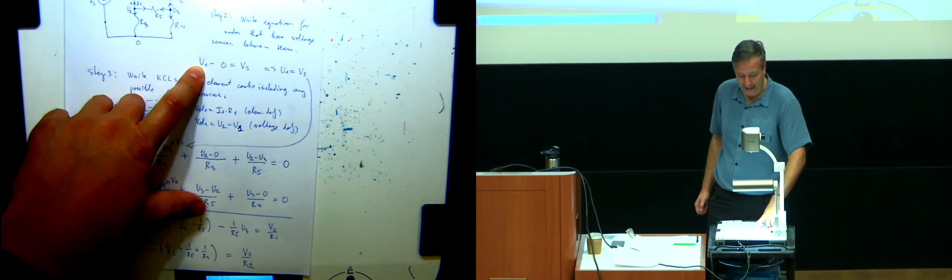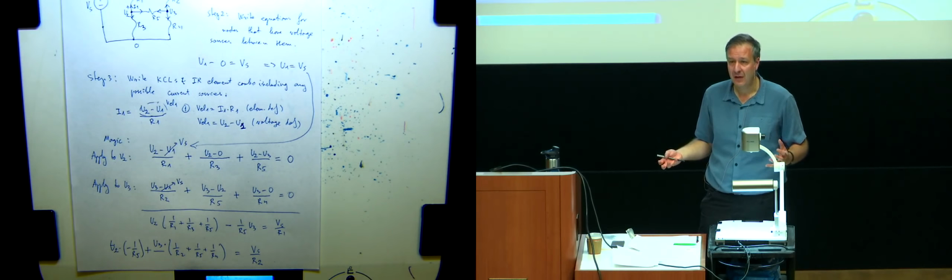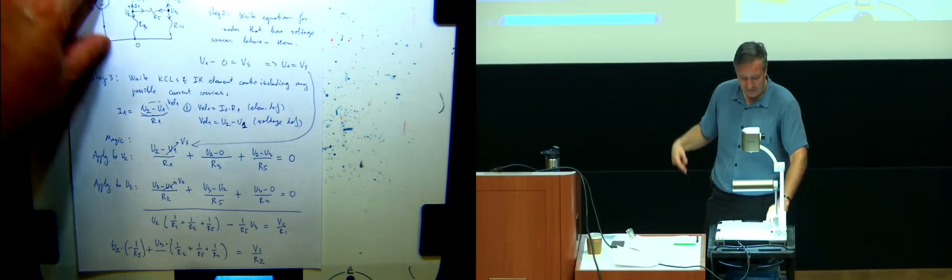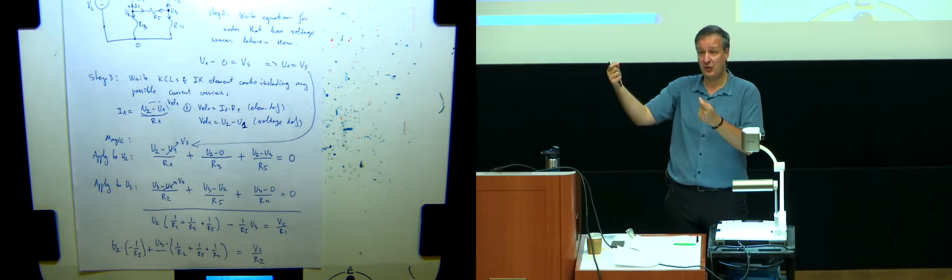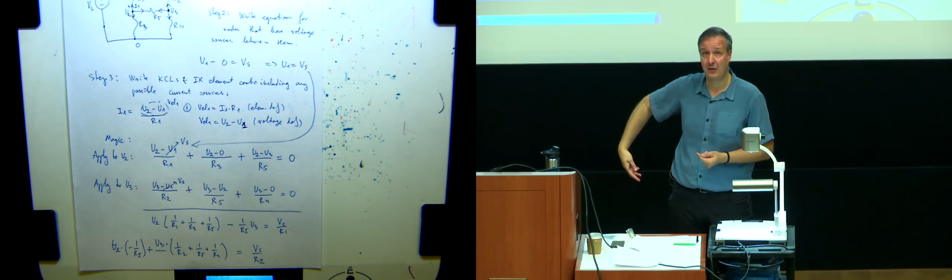Actually, in more complex circuits, it's not always going to be that the supply is between the 0 and some node. That will give you an extra equation that ties two potentials together. So you will use it later in the system of equations, but it's easier.